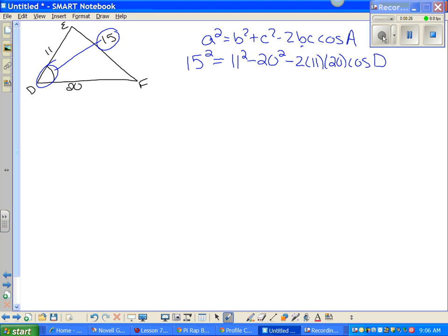Now what? What do I do now? Sure, I could square everything. 15 squared is 225, 11 squared is 121, 20 squared is 400, okay.